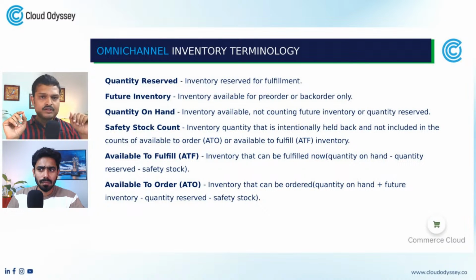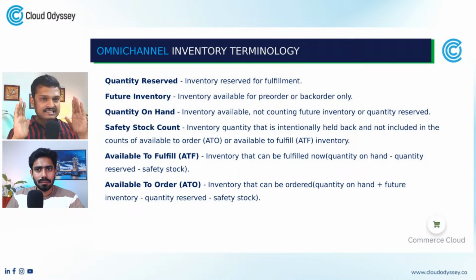So for example, quantity reserved. If you are placing an order, right, the moment you place the order, the inventory should get reserved for you in the omni-channel inventory, so that your item will be fulfilled for sure, because the inventory is reserved for you. No one else will be able to take that product.